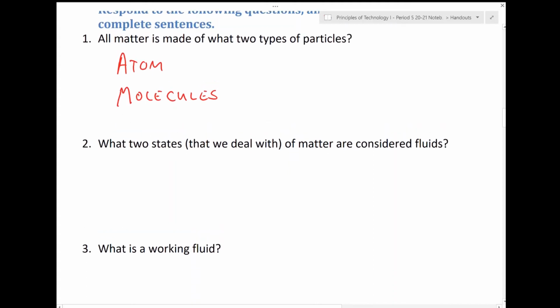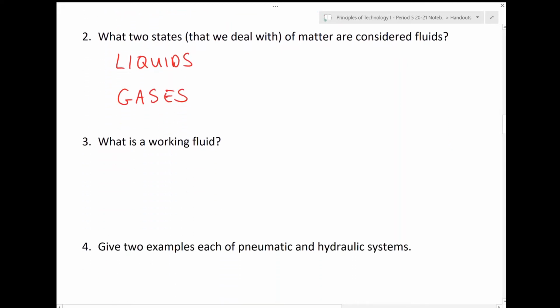What two states of matter that we deal with are considered fluids? As I mentioned in the vocabulary, there were three of them, but again, we only deal with two, so those are liquids and gases. What is a working fluid?